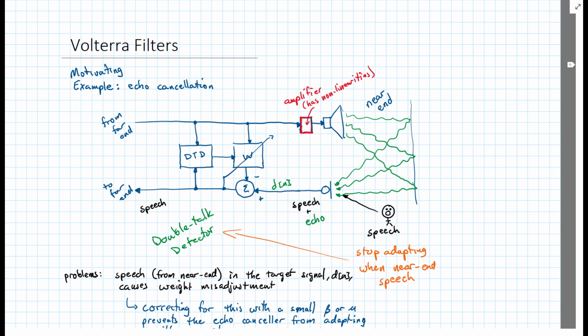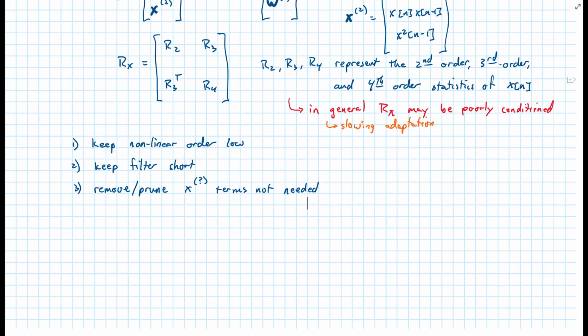In other words, we have this large echo, but the echo is a function of the room, and the nonlinearities are a function of the instantaneous level of the amplifier. So it may be, in such a case as this, that we can find a way to reduce the length of the Volterra filter.